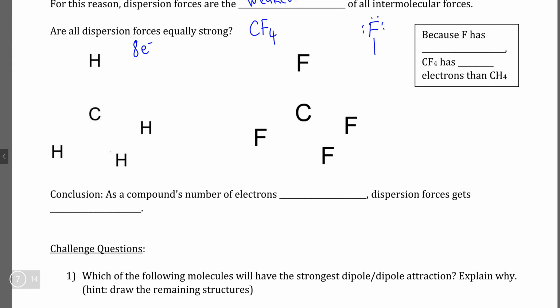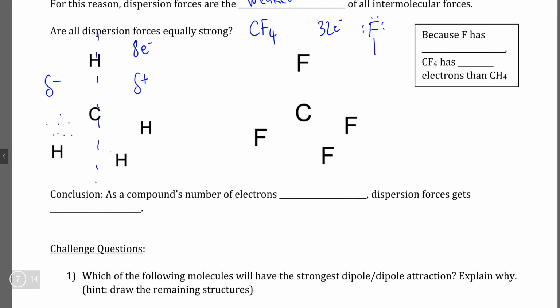That means that each fluorine has 2, 4, 6, 8 electrons, and 8 times 4 is 32 electrons. Now, again, for the sake of argument, let's position all 8 of the electrons on one side of this molecule. 1, 2, 3, 4, 5, 6, 7, 8. At this point, these 8 electrons are not going to stay here forever, but while they are here, this side of the molecule has a negative charge, and this side of the molecule has the positively charged pole.